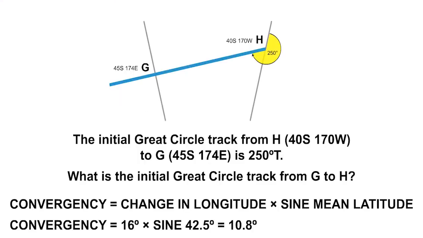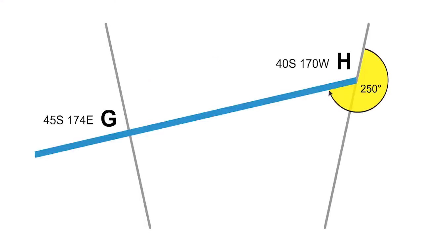Look at the diagram for confirmation. The left-hand meridian is further anti-clockwise than the right-hand one. This means that when you measure a track angle clockwise from it, you will get a greater angle. So the westerly track angle at G is 260.8.